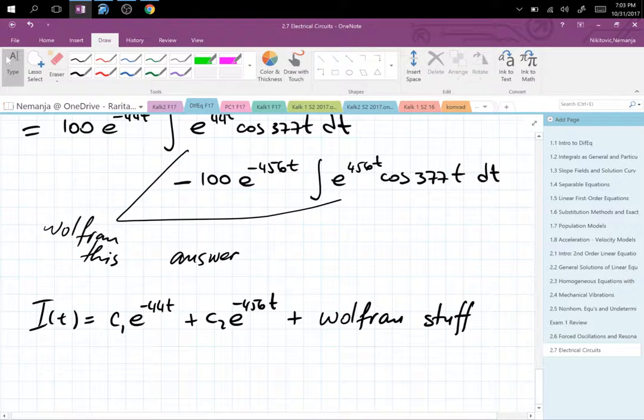Exactly. So we have to figure out what C1 and C2 are. Now you get to differentiate this to get your Q, and then you plug in initial conditions to find C1 and C2, and then you are able to start learning about electrical circuits.